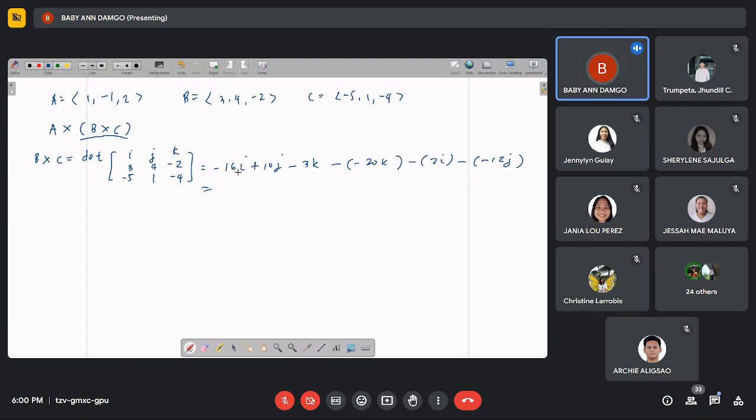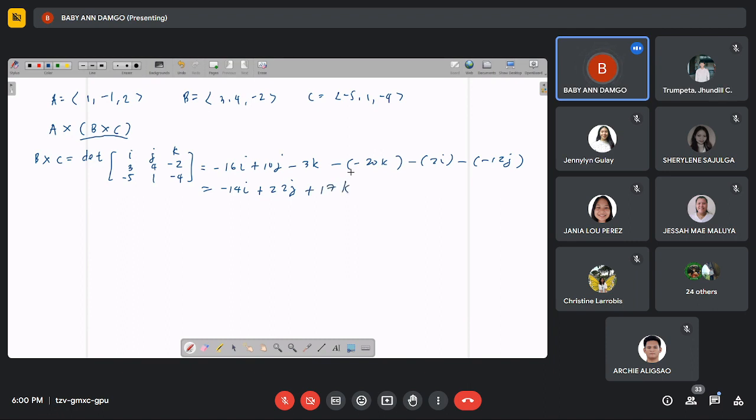So we simplify, for I, we have negative 14i, for j we have 22j, and then the k here is 23. Ay, 17 na guys.